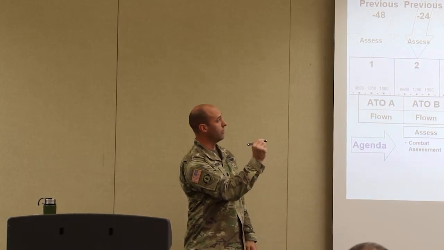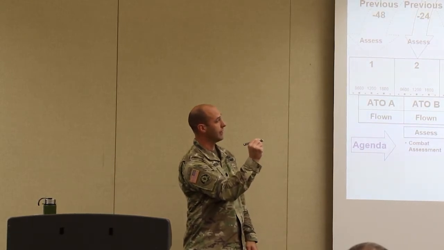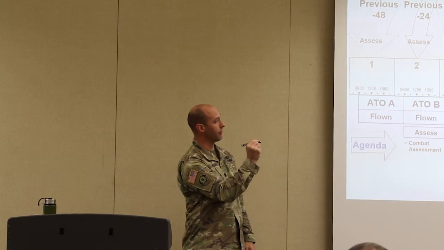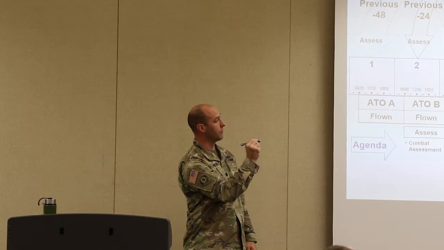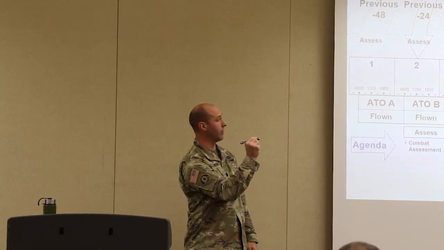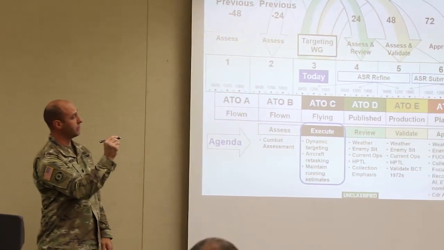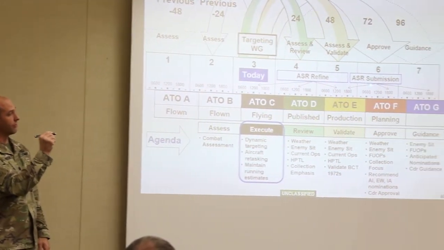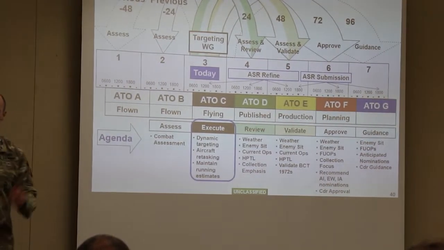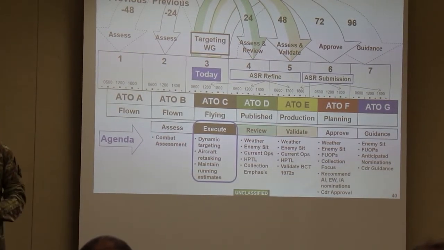They will talk about what we forecast the battlefield to be 24 hours from now, the next ATO day. And we'll talk about what ASRs, or air support requests, we have submitted for that day. We will talk 48 hours, and then we'll spend most of our time at the 72-hour mark, and that's where we're coming up with our new plan for the deep fight, right?